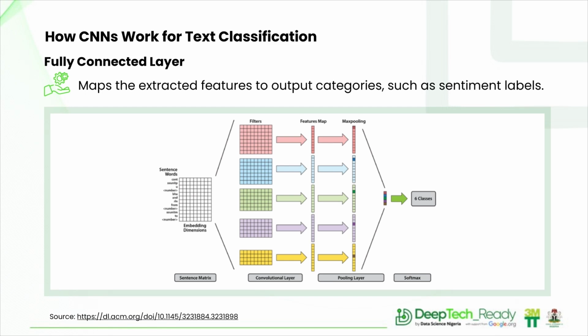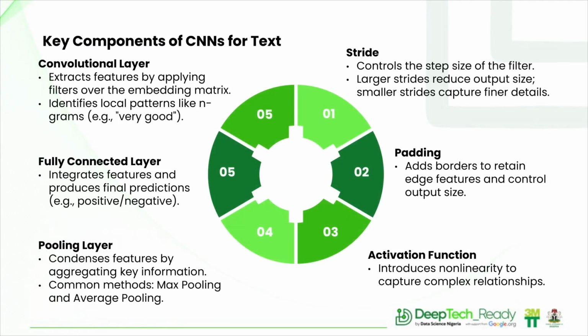Okay, so whatever maximum we have obtained from each particular max pooling operation, they are usually concatenated and passed to a final fully connected layer, and this fully connected layer can produce as many class scores as a text classification task requires.